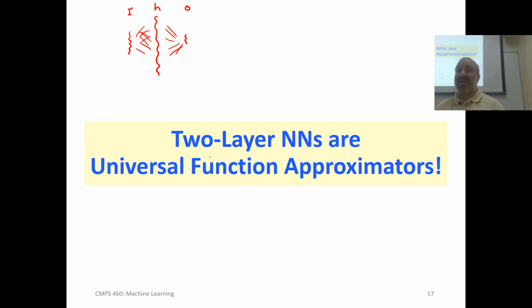With just one hidden layer, neural networks are able to approximate any function. This is very powerful.